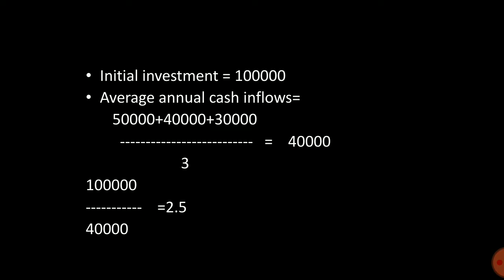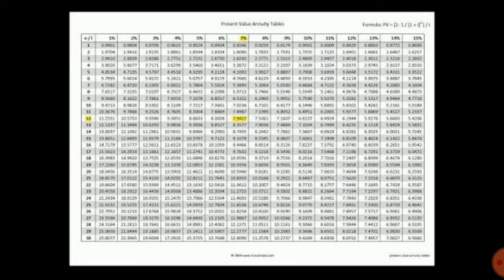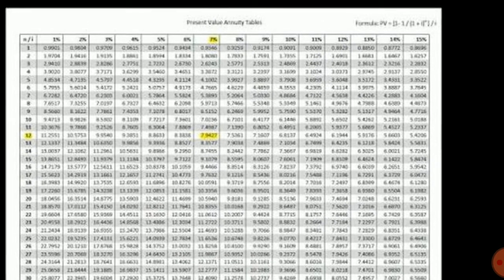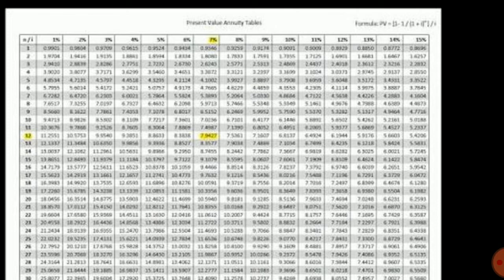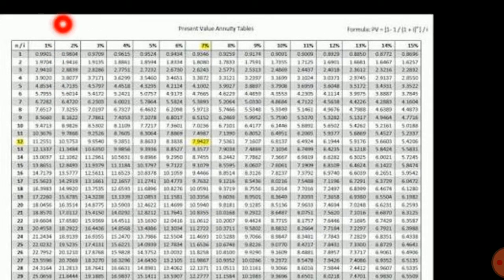The next step is we want to find out the first trial rate. For that, we can use the present value annuity table. This is the present value annuity table, and we know that life of the project is 3 years. So here we want to identify the values of the third year, and different rates are given, and we want to identify the value which is very close to the PV factor.